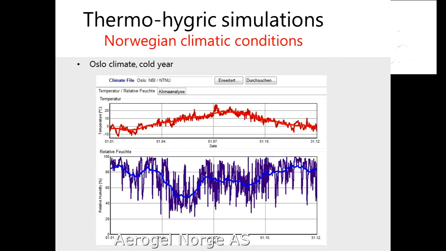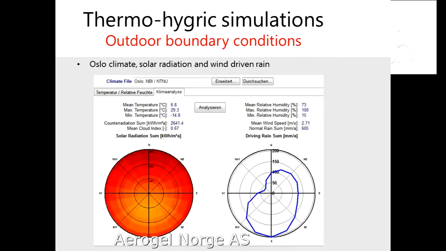So you see here the solar radiation in different directions, here the north and the south, but what is very important is the rain. And you see here that for Oslo, the main direction of facades which see the rain coming in is the southern facades. And so we have chosen a southern orientation for the calculations we have done. That means it's a worst case calculation.